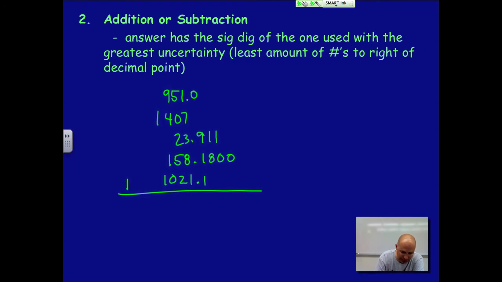Now let's add those all up. When I add all 5 of them together, I would get 3561.2910. Okay, let's say that these were all in grams. I'm a gram fanatic for labels, so grams. Okay, let's look at how many significant digits and figure out what this whole thing is.